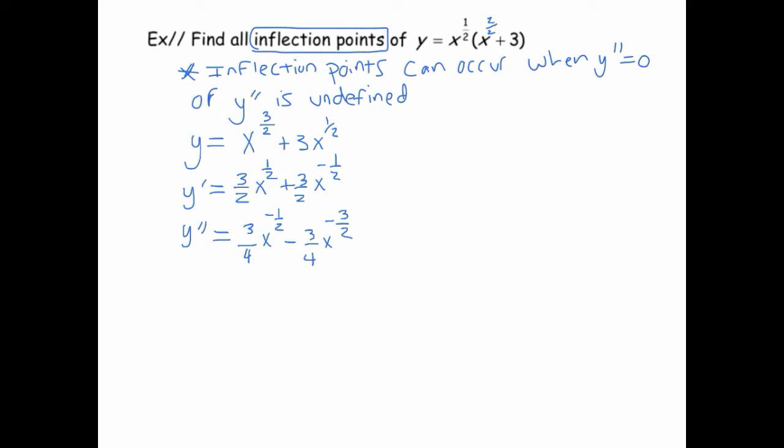So it's kind of a crazy looking function. Let's write it in a better way. This is going to be 3 over 4 square root of x minus 3 over 4 times, let's just write it as x to the 3/2.